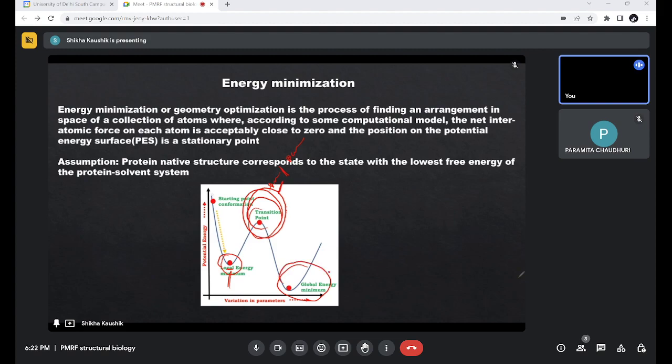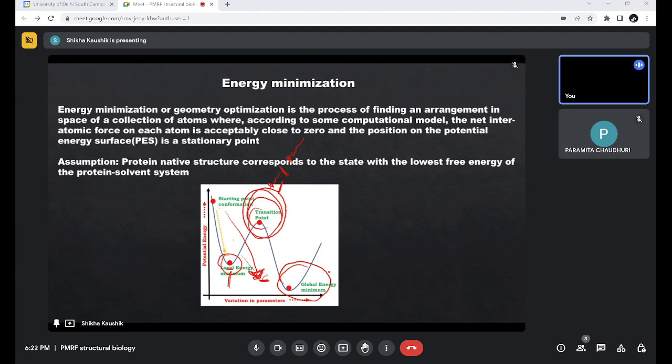You try to bring your system to as low as possible. This is basically the minimum level that you can achieve, but you try to take your system to a level which is very low in terms of energy. It has to be at the lowest energy possible.